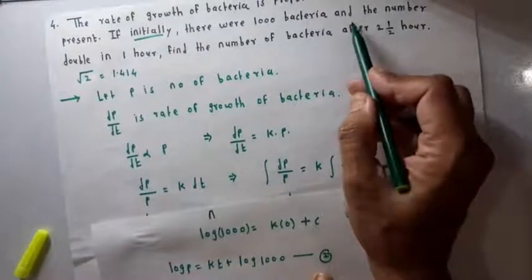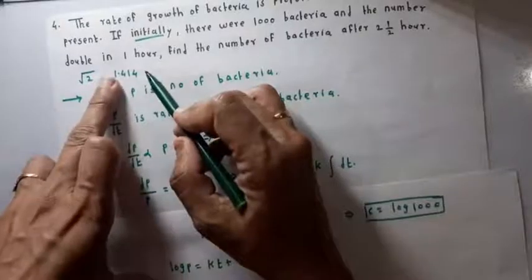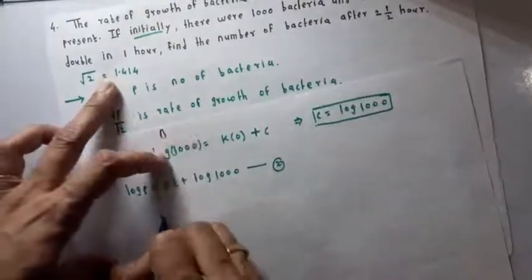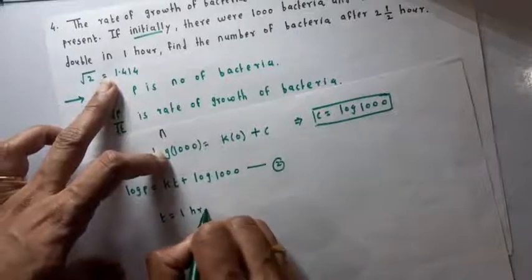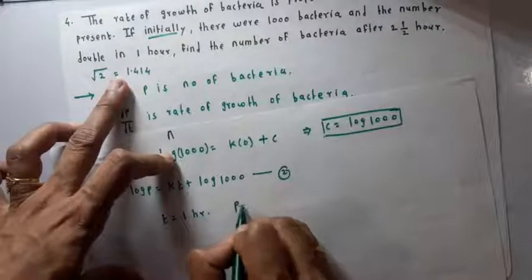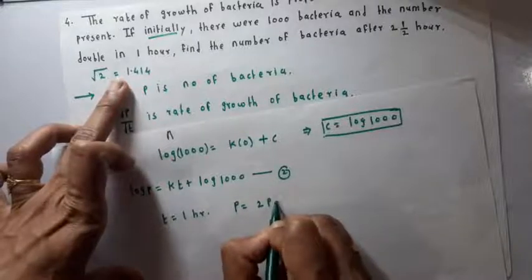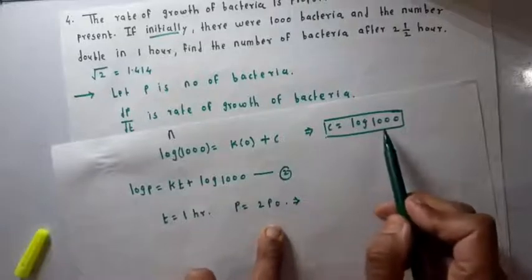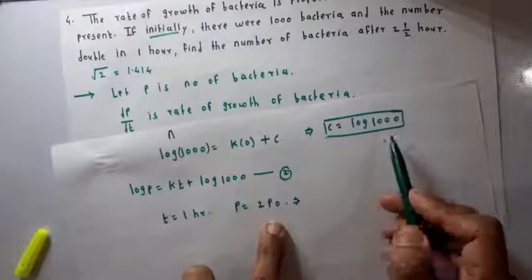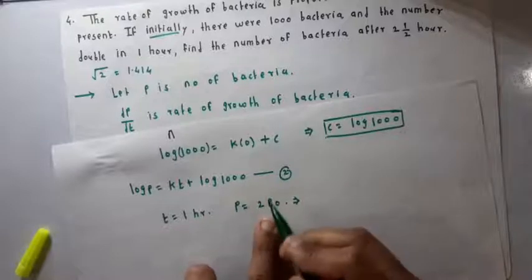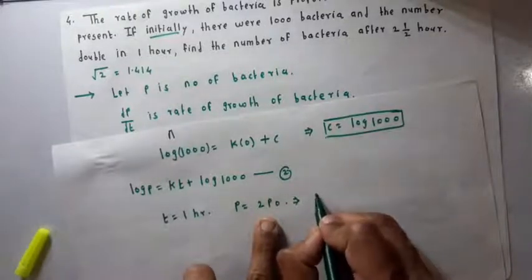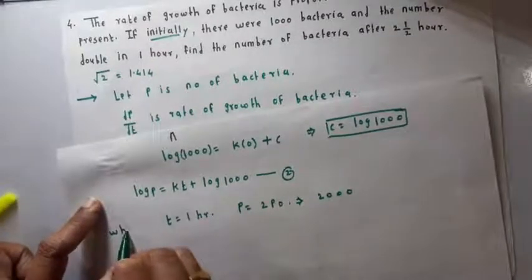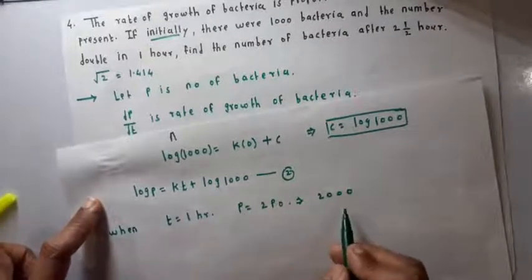Now the next information: the number doubles in 1 hour. When t equals 1 hour, the number doubles, meaning P equals 2P0. Initially there were 1000 bacteria, so 2P0 will become 2000.